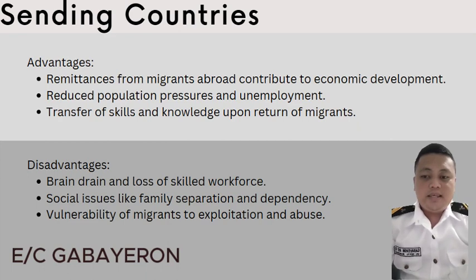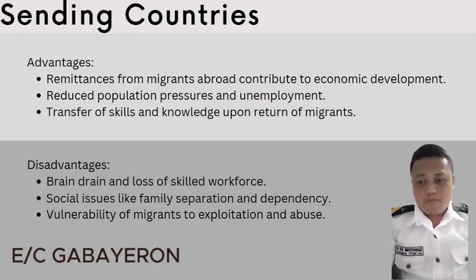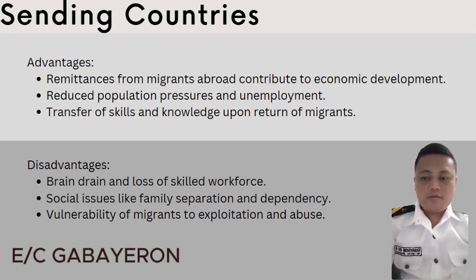Remittances sent back home by migrants can create dependency on external income, which may fluctuate, causing economic instability. The last one for sending countries is social impact. Migration can lead to the separation of families and communities, disrupting social cohesion and cultural continuity.